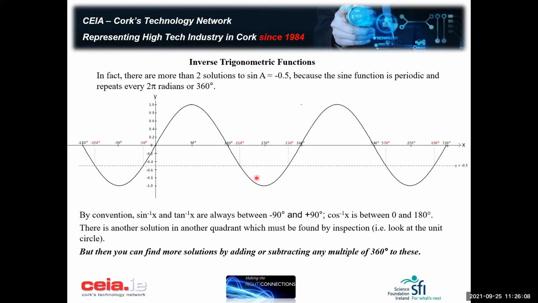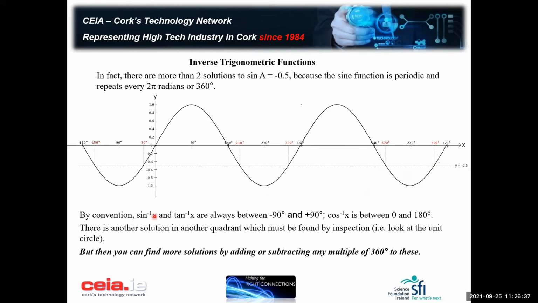And if we keep going so that we're 360 degrees beyond minus 30, which is 330, again, we're back to minus 0.5 for the sine. And you can add another 360 degrees again, and so on, and you keep returning to a sine of minus 0.5. So there are an infinite number of angles that have a sine of minus 0.5.